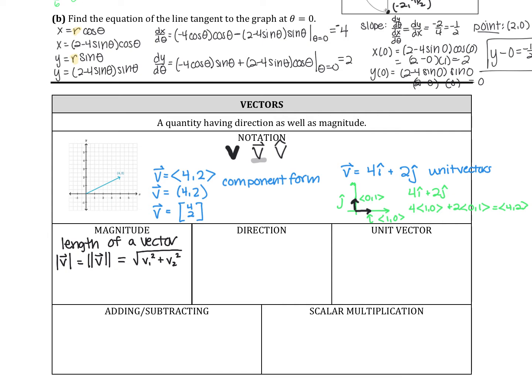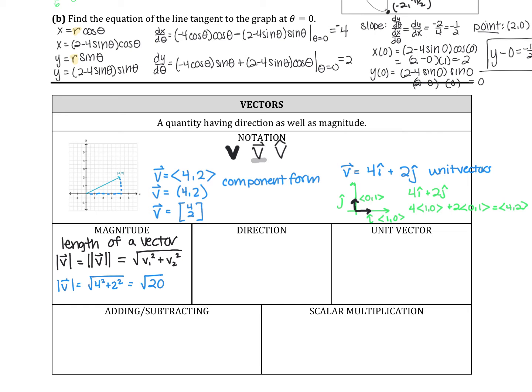Now, if we look at the problem that was up above, we might say that the magnitude of v is equal to 4 squared plus 2 squared, so the magnitude of v would be root 20. I probably would simplify it to 2 root 5, but the magnitude, the length of the vector, is how long the vector is. And if we want to think about it in terms of the Pythagorean theorem, it's a squared plus b squared equals c squared. We've solved that. That's the length of that vector.